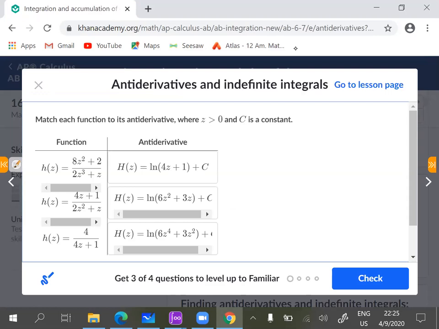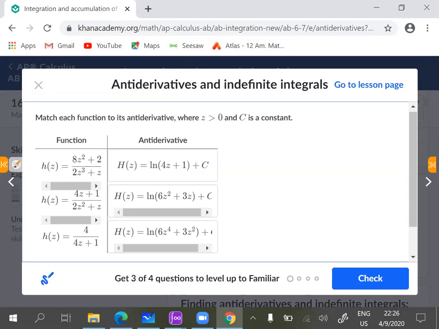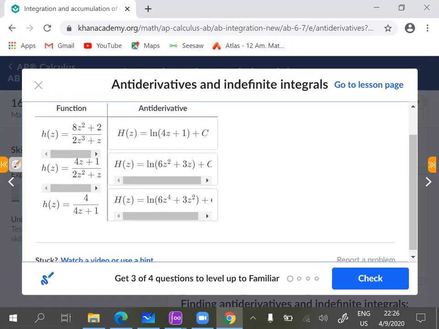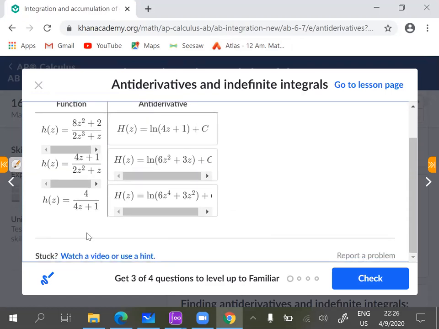Here we have matching. We want to see the function and its antiderivative. You want to look here between the table. I have 3 functions, or you can take the derivative to check your answer.